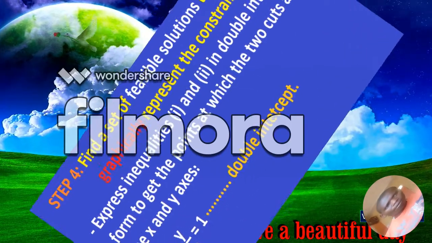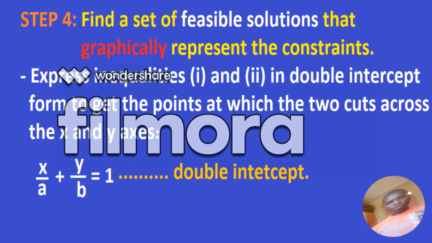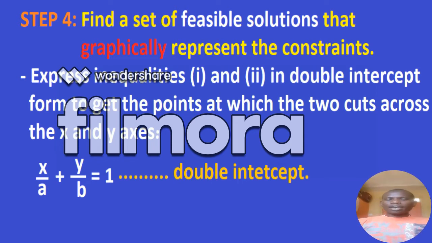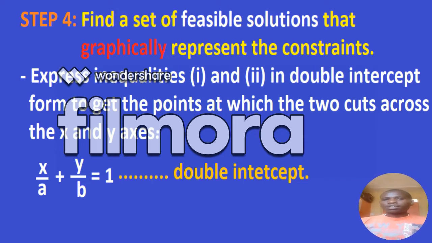Now in step 4, we are going to find a set of feasible solutions that graphically represent the constraints. Now, this is the point. Express the first two inequalities in double intercept form. The double intercept form is aimed at achieving the points at which inequality 1 and inequality 2 cut the x and the y axis.